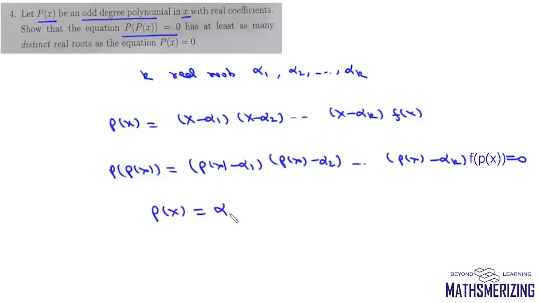P(x) equals alpha r, where r can take the value from 1 to k. Now since this P(x) is a polynomial of odd degree, P(x) equal to alpha r will have at least one solution.